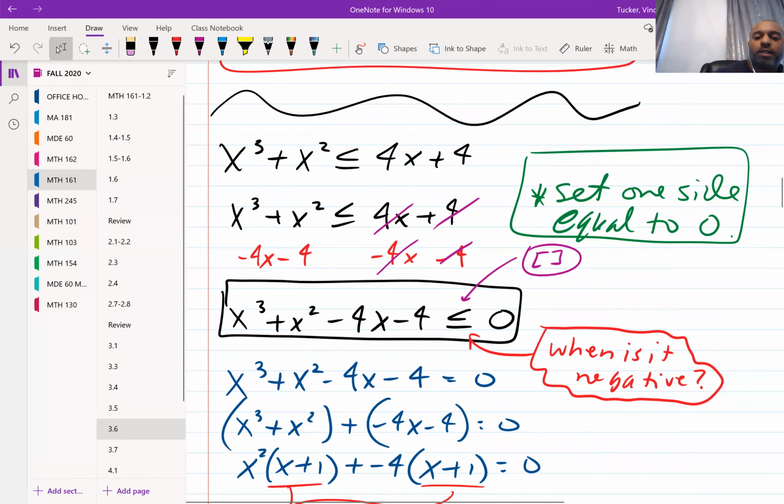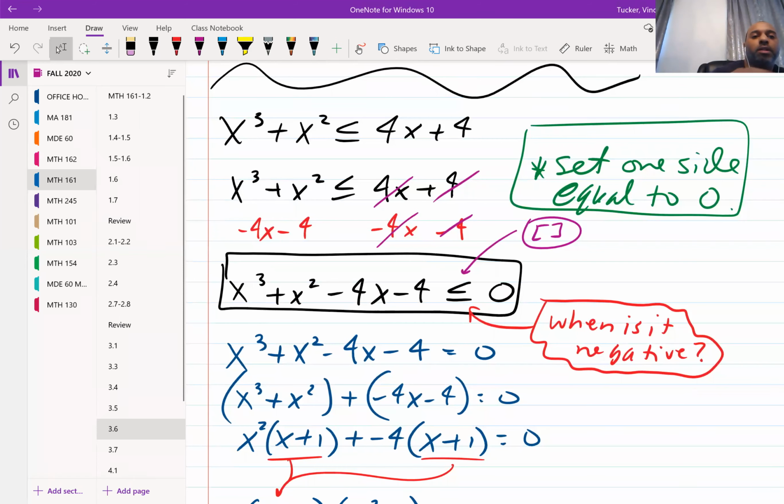All right, so the process is still going to be the same. You set it equal to 0. Now you want to solve for those intervals.